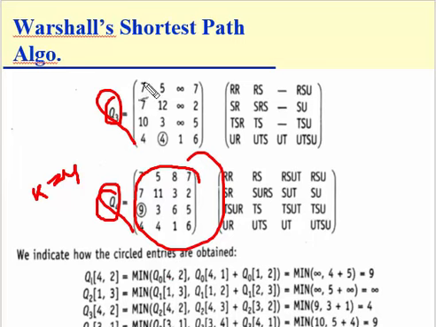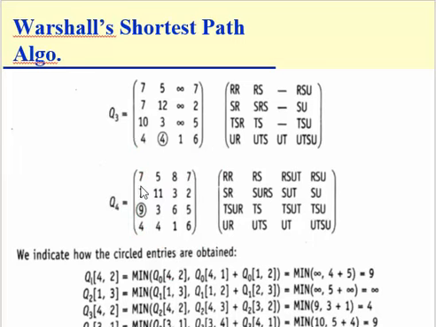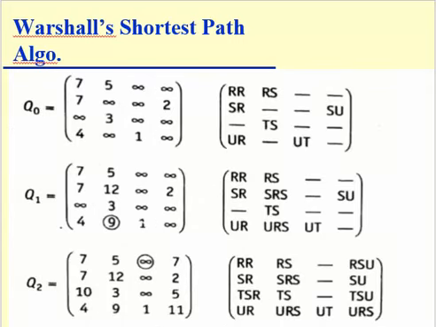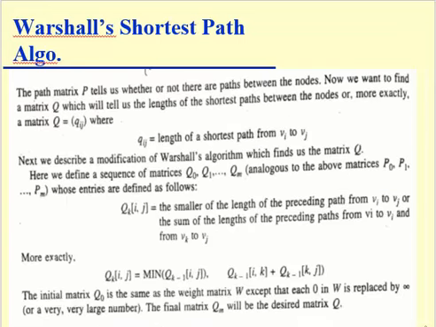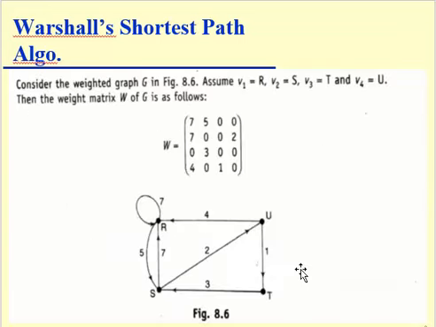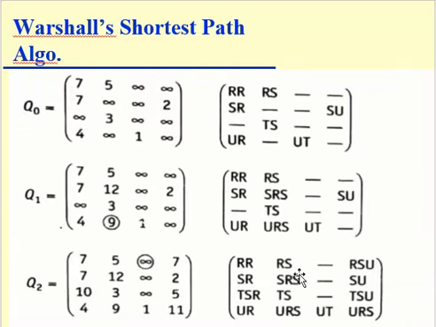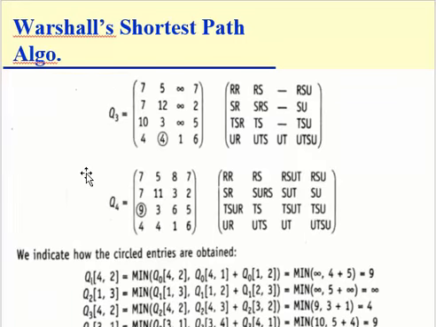So you can take some more examples and you can find out the shortest path between any pair of nodes by using Warshall's algorithm, by using this formula. You need to use this formula when you practice directly. Like you can write down Q1 from this, Q2 from this one, and Q3 and Q4 you can find out.